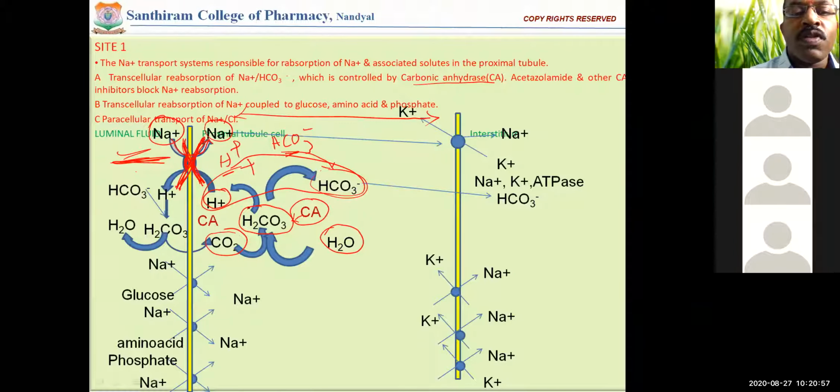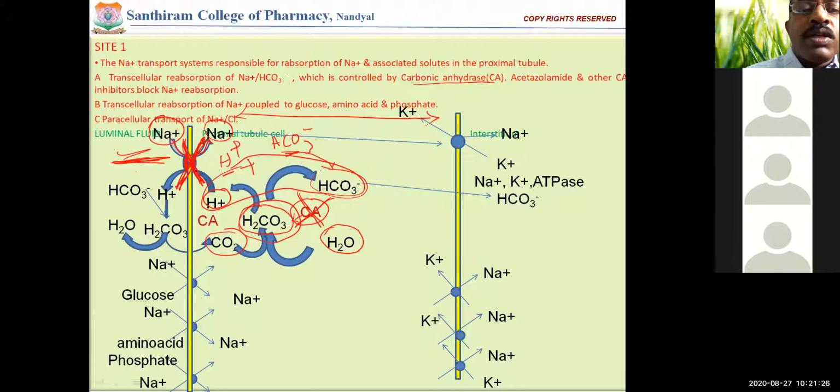If you are able to prevent the formation of carbonic acid, how are we going to reduce the formation of carbonic acid? If you can stop the activity of the carbonic anhydrase enzyme, that means we have to inhibit the carbonic anhydrase enzyme. Thereby, the formation of carbonic acid doesn't take place, the H+ ions are not formed and they are not excreted.